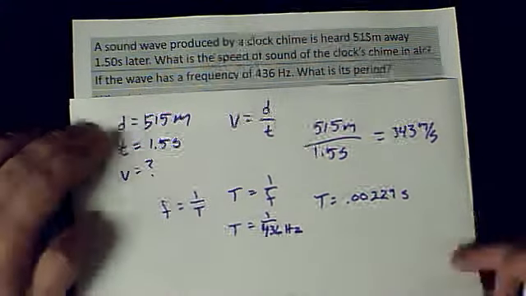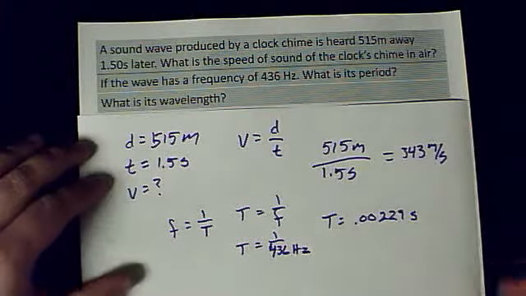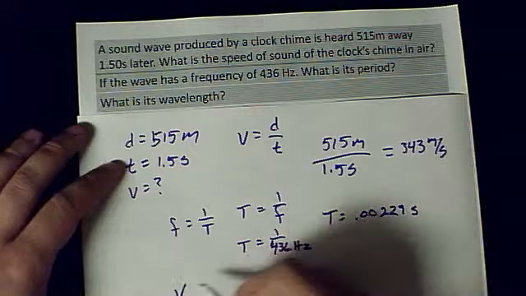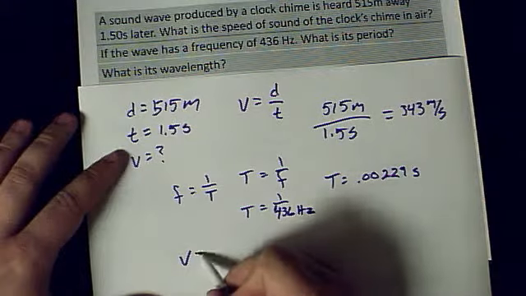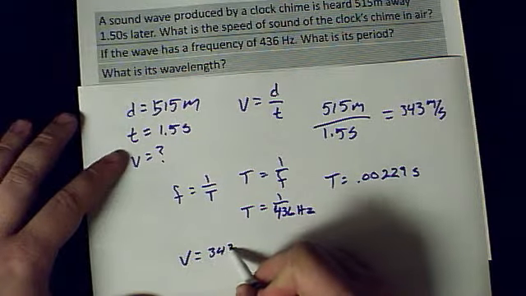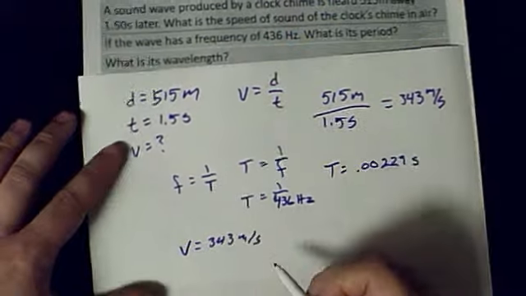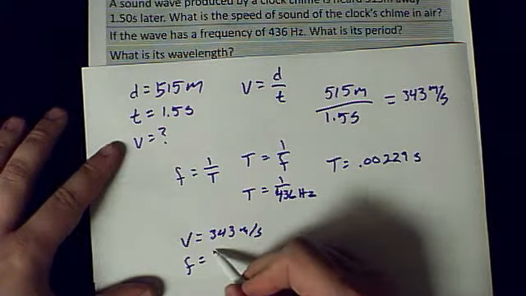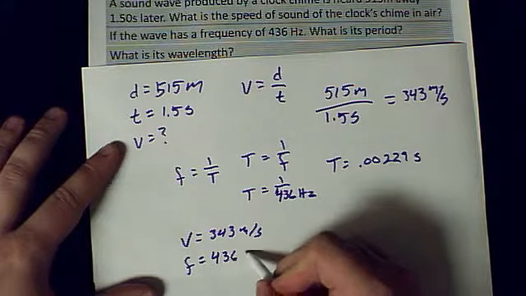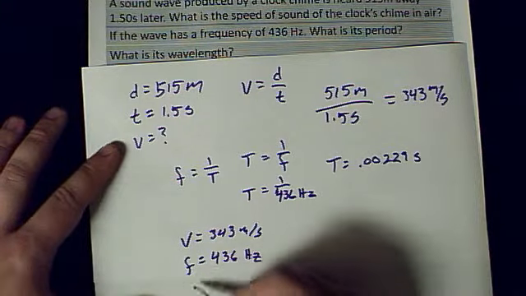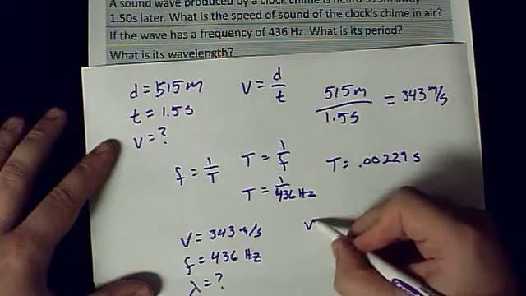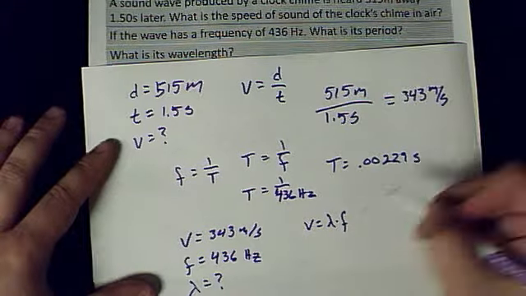Okay? It says, what is its wavelength? Well, I know my velocity is 343 meters per second. I know that my frequency is 436 hertz. I want to know what the wavelength is. Well, v equals lambda times f.